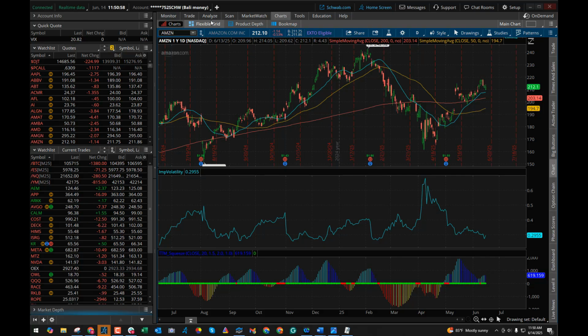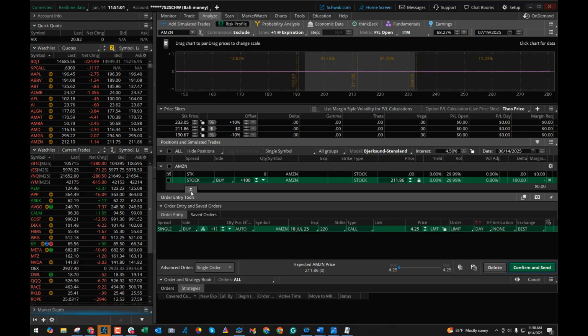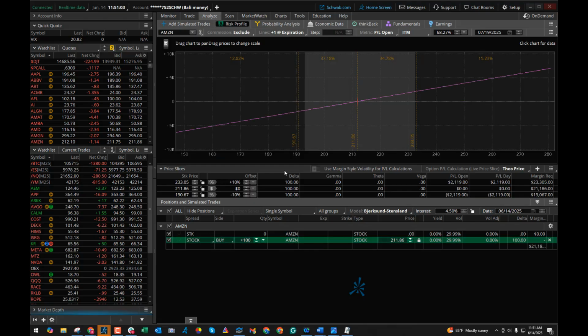All right, so Amazon, and let's just do a very simple example or comparison. If you want to buy 100 shares of stock in Amazon, we're just going to buy 100 shares. $211 a share, cost you about $21,000. 211 times 100. So $21,000 to buy it.